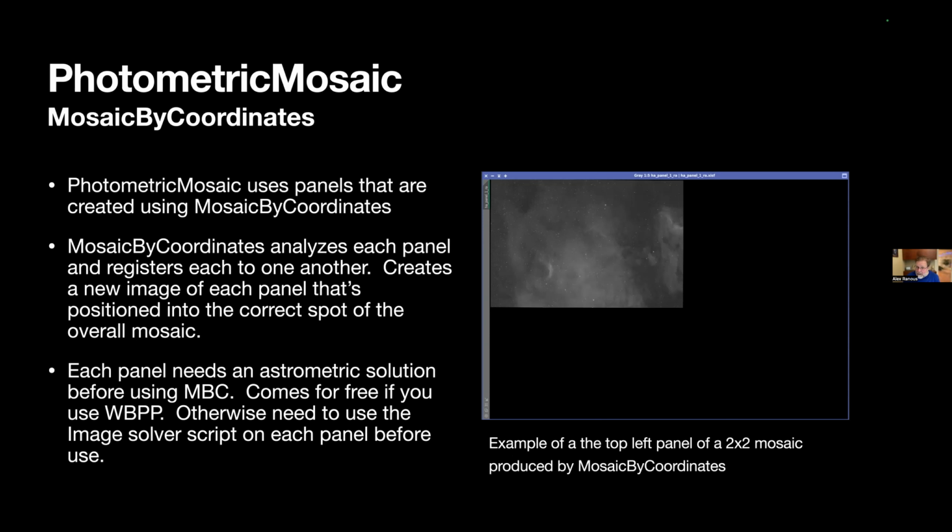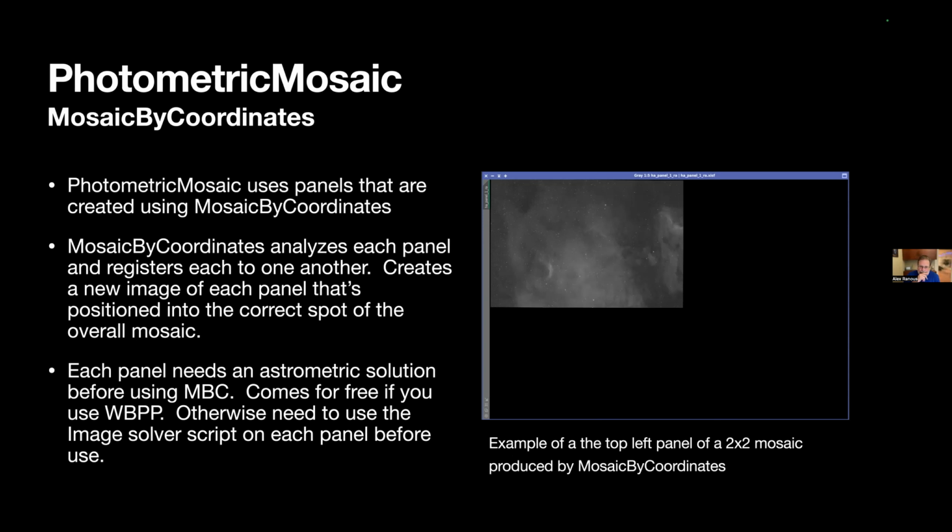For this to work, Mosaic by Coordinates requires that all of the individual panels have an astrometric solution. If you use WBPP, this comes for free.